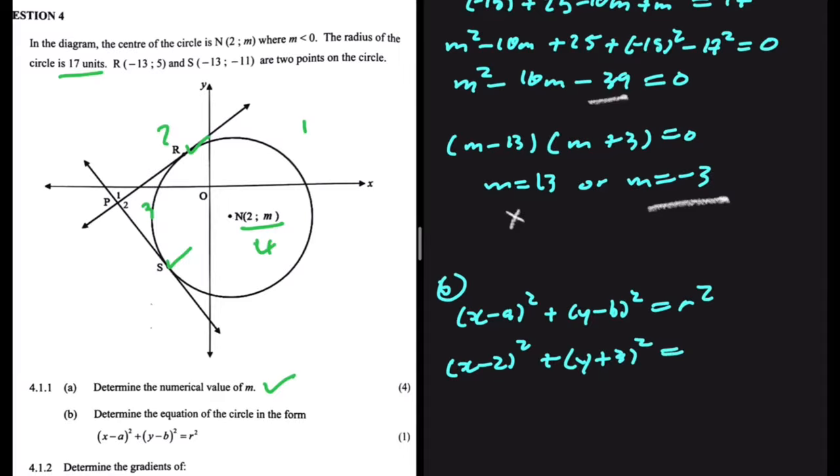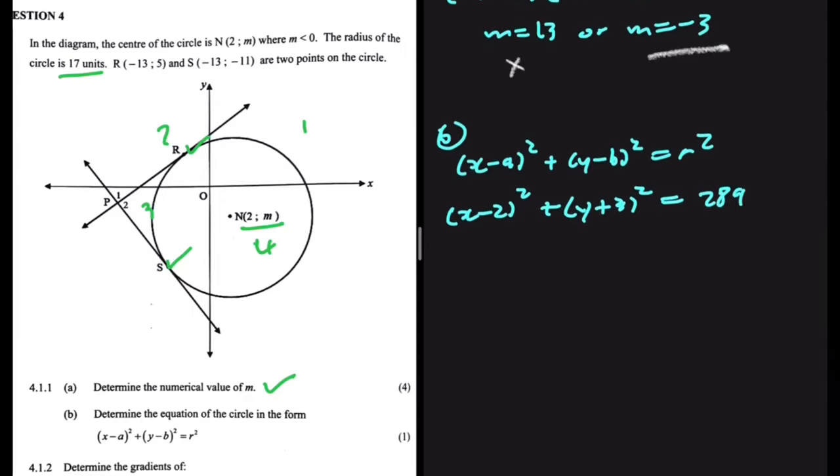We know that our radius is 17 units, so we're going to have 17 squared. What is 17 squared? That is 289. So instead of writing 17 squared, we can write 289. And this is the equation of our circle.